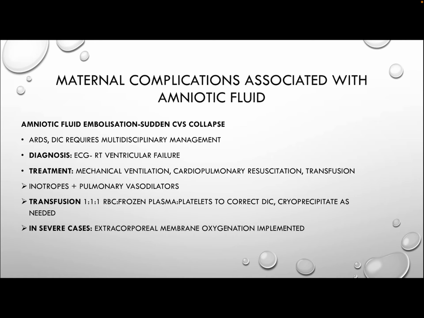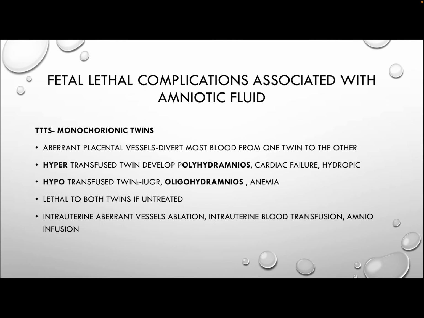Transfusion should be done in a 1:1:1 ratio, involving red blood cell transfusion as well as frozen plasma and platelets to correct the DIC. Cryoprecipitate can also be used when needed. In severe cases, extracorporeal membrane oxygenation can be implemented.